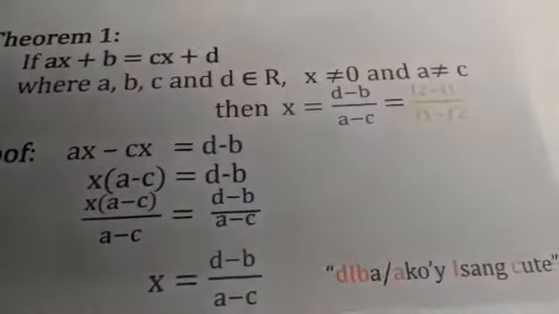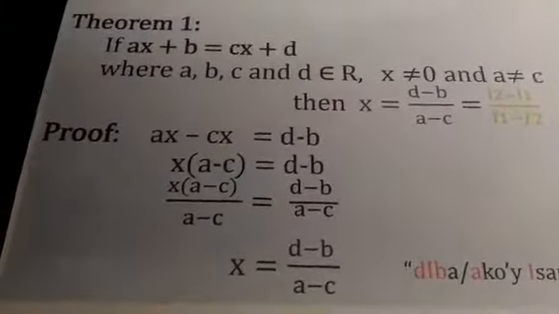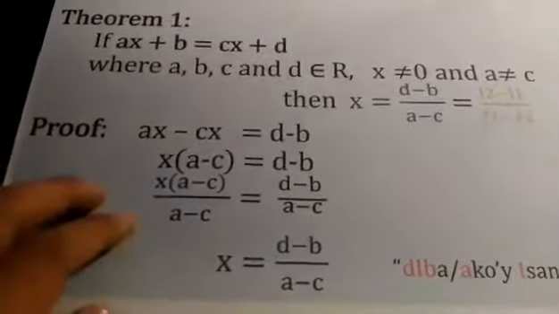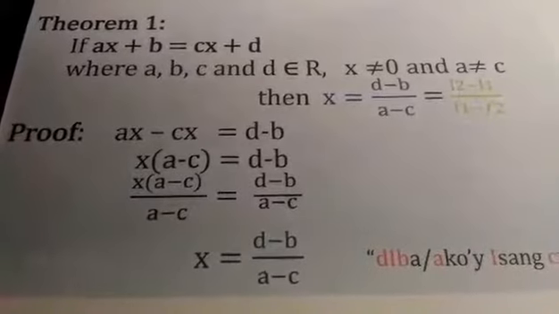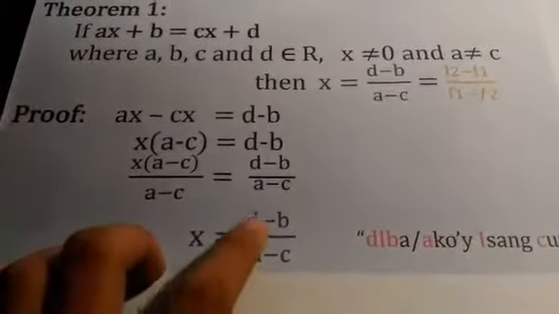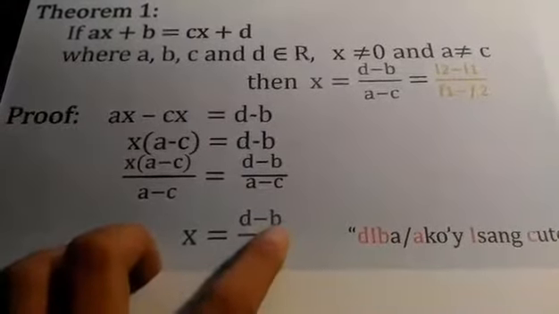With that, the proof given here, we come up with the equation to easily find the value of x, with the formula of x is equal to d minus b divided by a minus c.